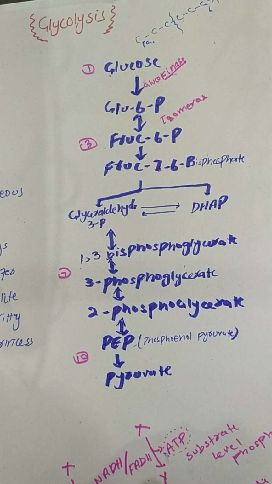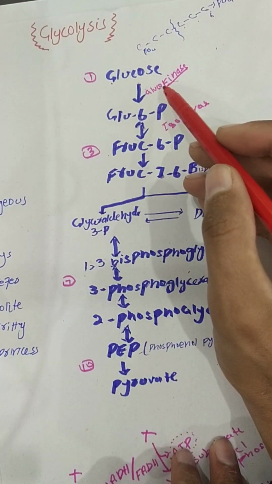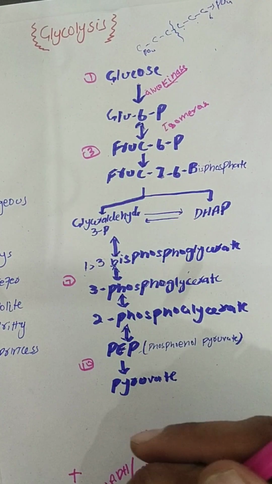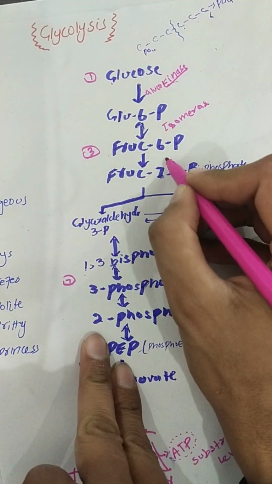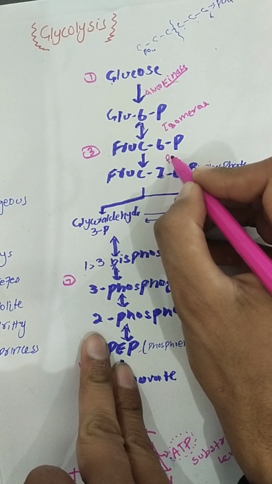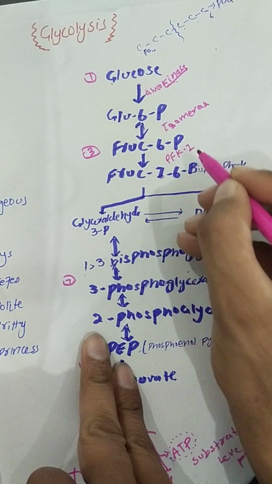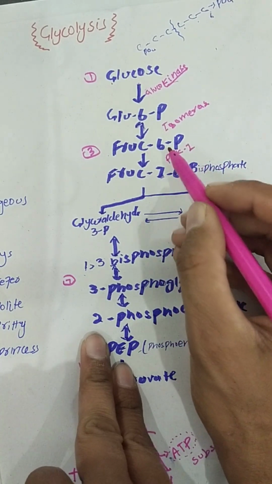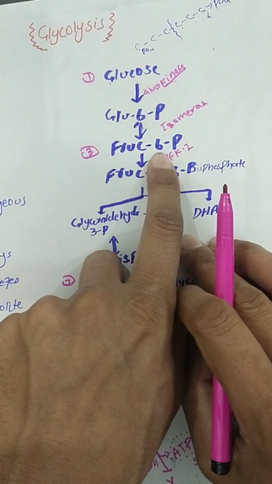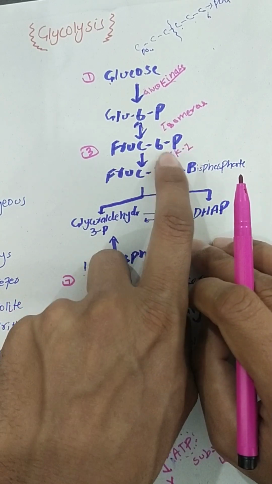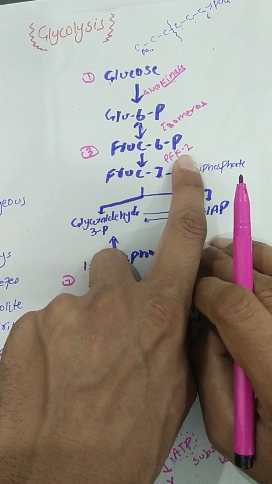Okay, in reaction 1 the enzyme is called glucokinase. In reaction 3 we have phosphofructokinase, which is called phosphofructokinase 1. Why do we call it phosphofructokinase? Because fructose is phosphorylated, and we add phosphate, so phosphofructokinase.